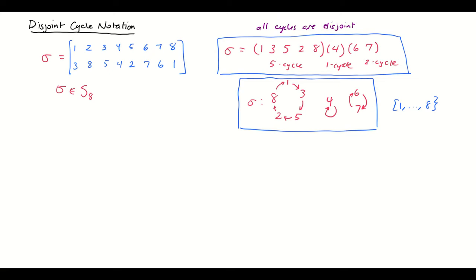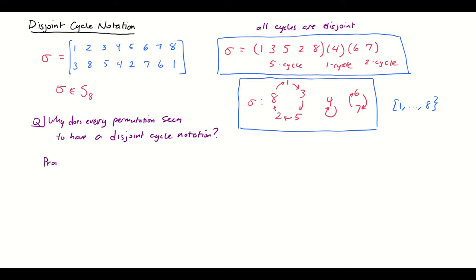But here's a question, and maybe it seems like a silly question because now we've done a few examples and it's always come out like this, but the question is, why does every permutation seem to have a disjoint cycle notation? And in fact, does every permutation have a disjoint cycle notation? Like, is this really possible for every permutation in Sn? And I claim the answer is yes, and we're going to prove it in this video.